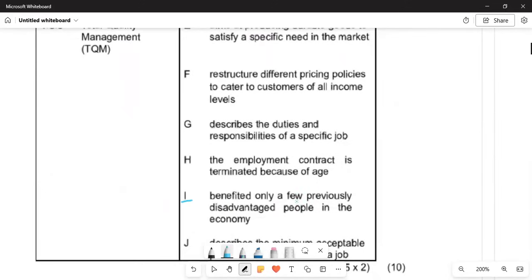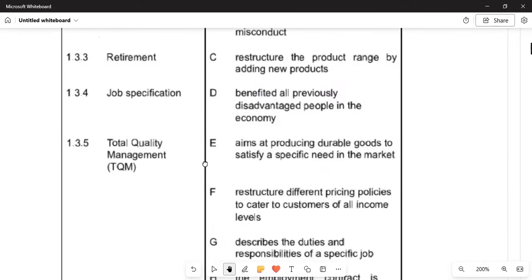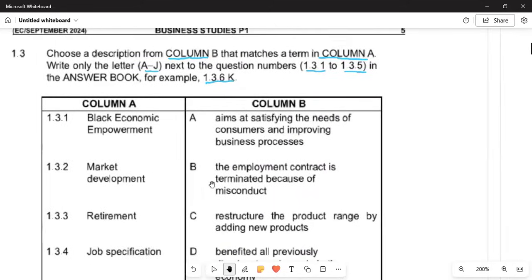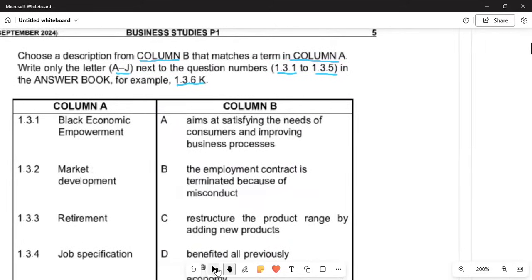It benefited only a few previously disadvantaged people in the economy. So the correct answer is I. So that is how we are going to answer it.